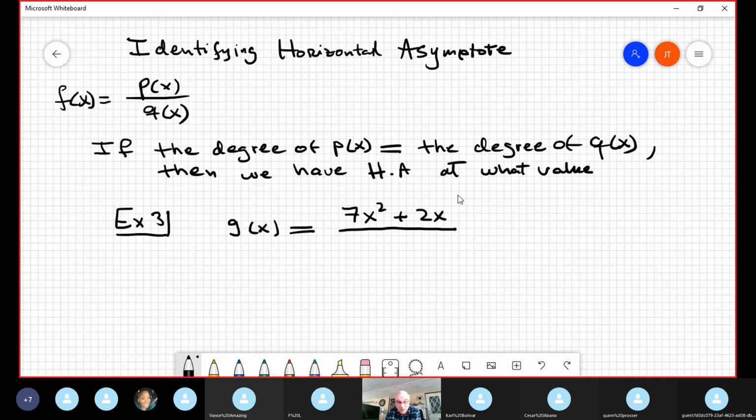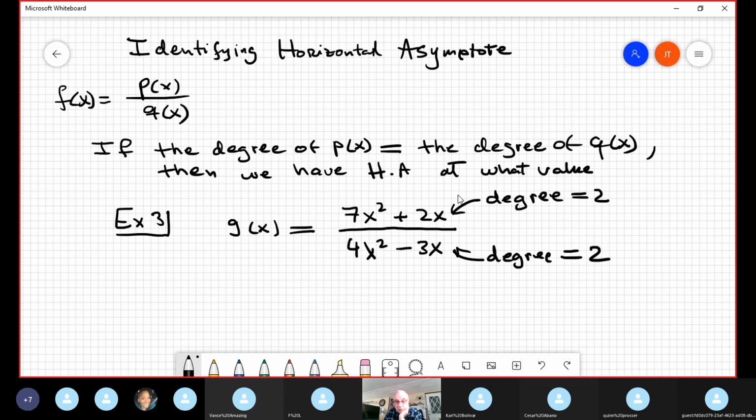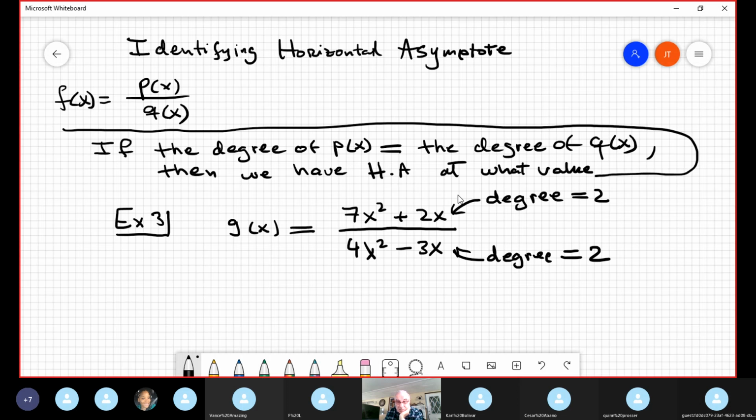In the top we have a polynomial of degree 2, and in the bottom we have a polynomial of degree 2 also. It's a binomial, but it's binomial degree 2, binomial degree 2. Now the first thing you should do is analyze. What is the degree of the polynomial in the top? 2. This is the higher exponent, no? What is the degree of the polynomial in the bottom? Also 2. Okay, that satisfies perfectly this idea. Same degree.